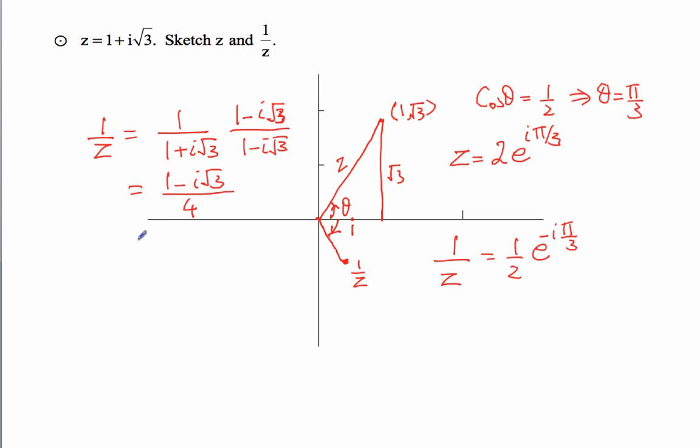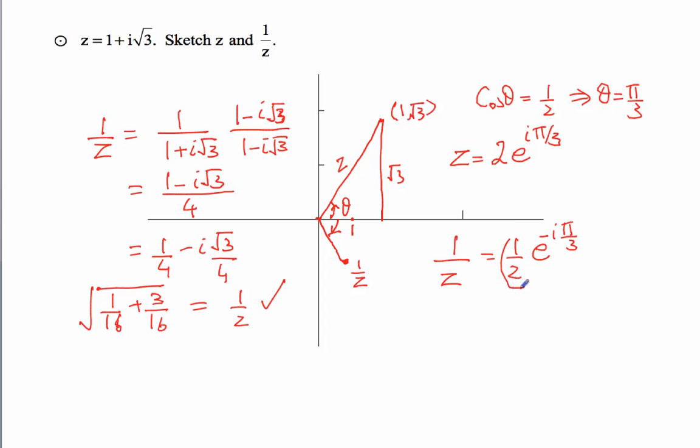And so this is 1/4 minus i square root of 3 over 4. Now the norm of this complex number is the square root of 1/4 squared, which is 1 over 16, plus 3 over 16, which is the square root of 4 over 16, which is half. And so that's the same as over here.